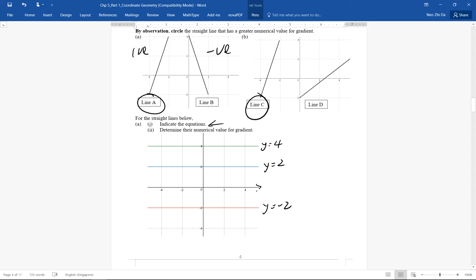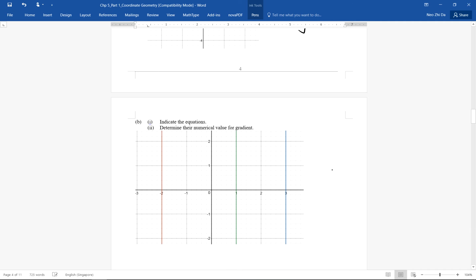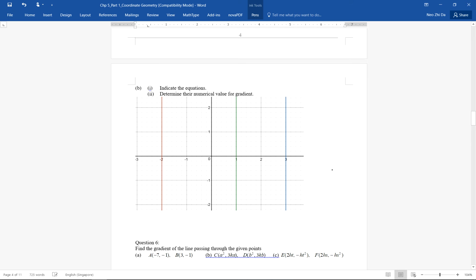This one you got to know. The x-axis, is it x equals 0 or y equals 0? It's actually y equals 0. Now what is the numerical value of their gradient? Their gradients are all equal to 0. Now what about vertical lines?